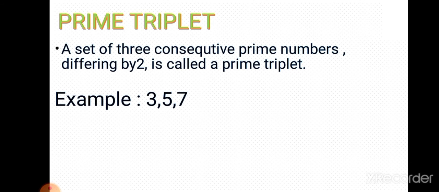Next, prime triplet: a set of 3 consecutive prime numbers differing by 2. As I told you, consecutive means continuous or serial, and here it is differing by 2. Example: 3, 5, 7. 3 and 5 differ by 2, and 5 and 7 also differ by 2, and 3, 5, 7 are consecutive prime numbers.